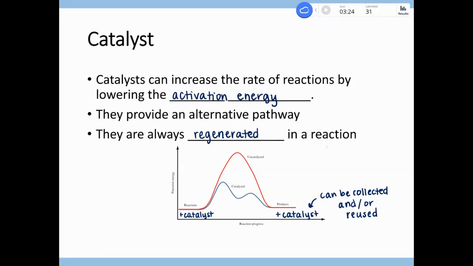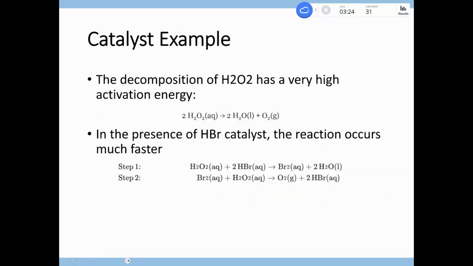Okay, so I've got an example with real molecules on the next slide. The decomposition of hydrogen peroxide, H2O2, has a very high activation energy. But if you add a catalyst, hydrogen bromide, for this reaction, the reaction occurs much faster, and it occurs through these two steps. So these are two elementary steps.